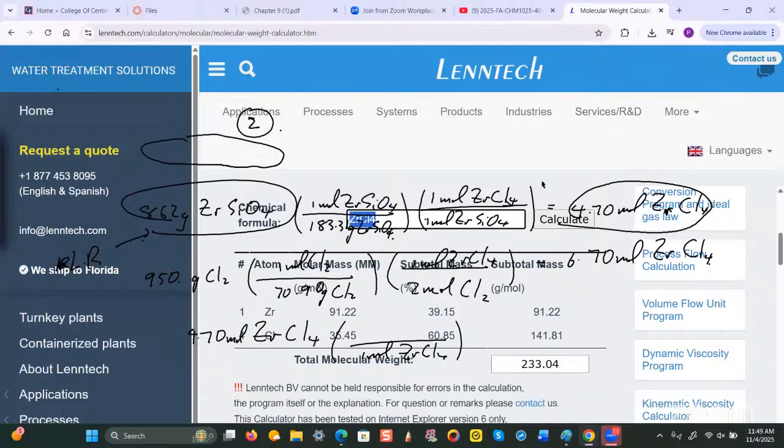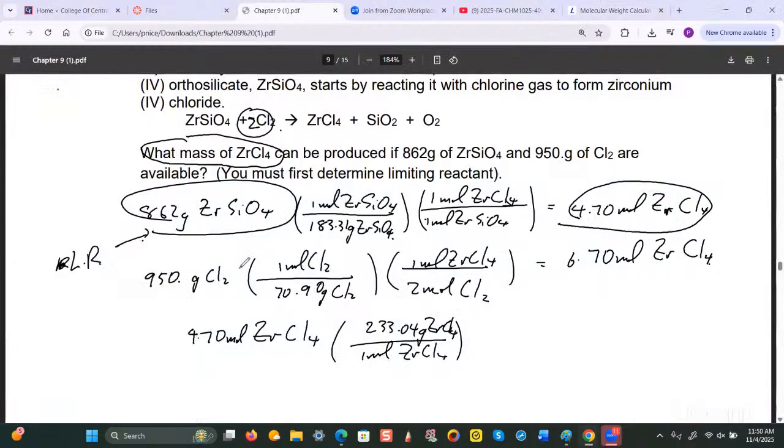Okay, 233.04 is the molar mass of that compound, which I'm going to put here, 233.04 grams of ZrCl4. And that's basically the setup. And now we do the calculation. So 4.70 times 233.04. According to my calculation, we round it off.